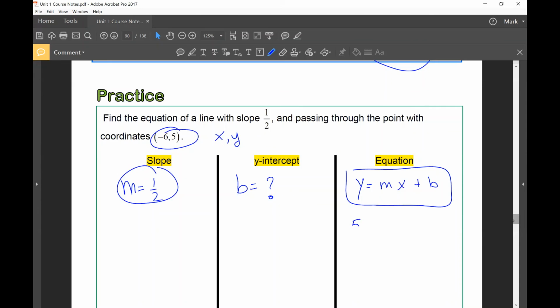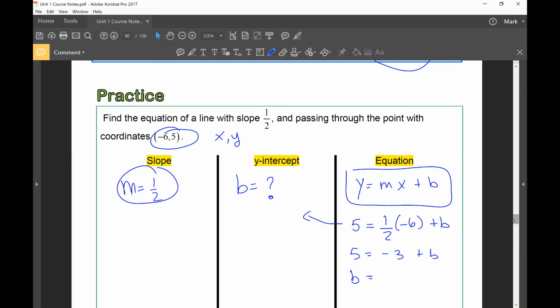So 5 equals 1/2 times negative 6 plus b. 5 equals negative 3 plus b. So that means b is going to be, well, sorry, I should be doing this over here, by the way, but it doesn't really matter.